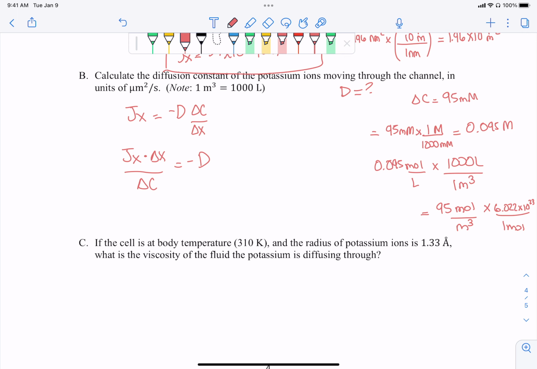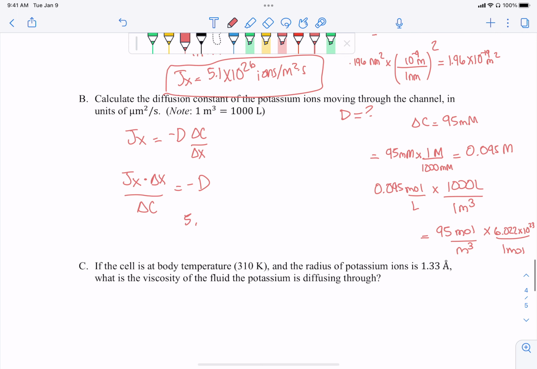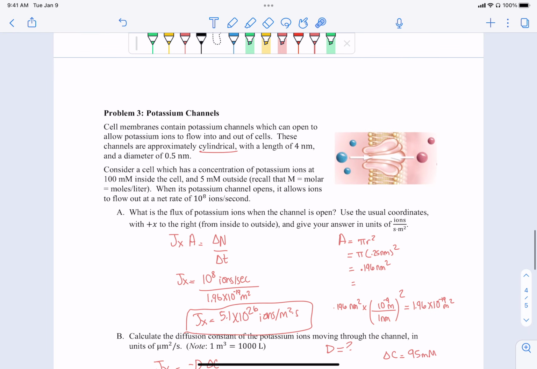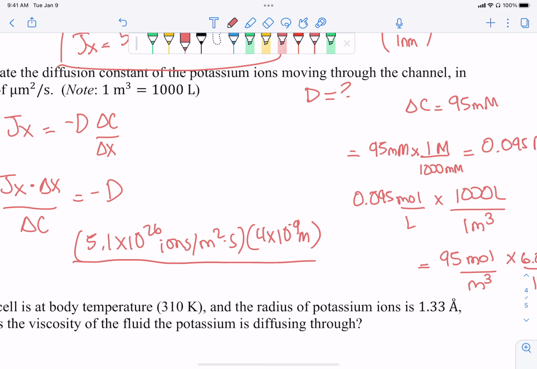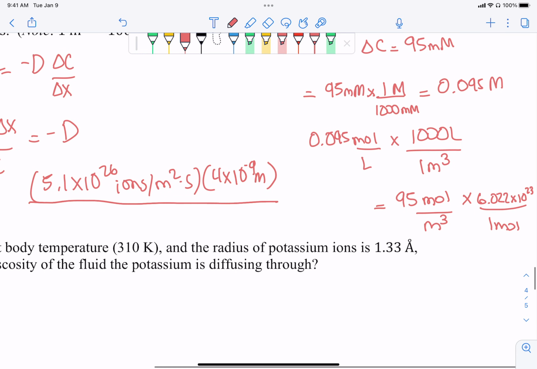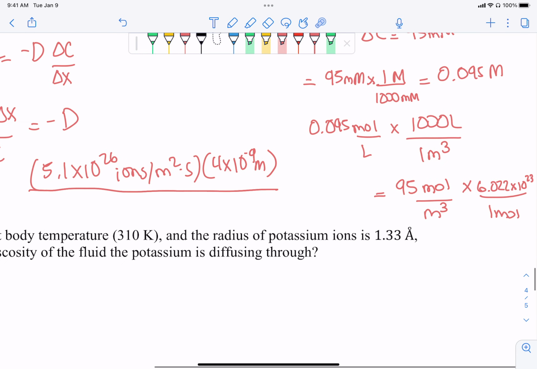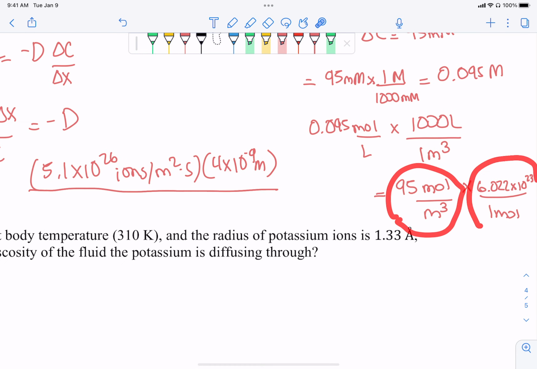So we have our flux from before, which is 5.1 times 10 to the 26th ions per meter squared seconds. Then we can multiply that by our delta x, which was the length, the 4 nanometers there, 4 times 10 to the negative 9 meters. And then divided by our delta C, which is the 95 moles per meter cubed times Avogadro's number to get it in ions per meter cubed.